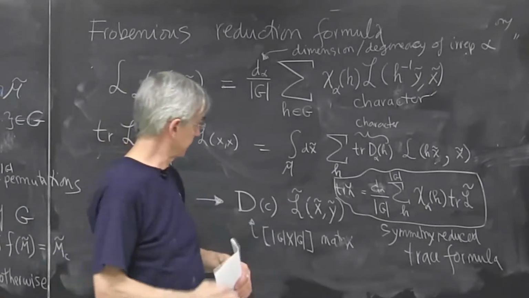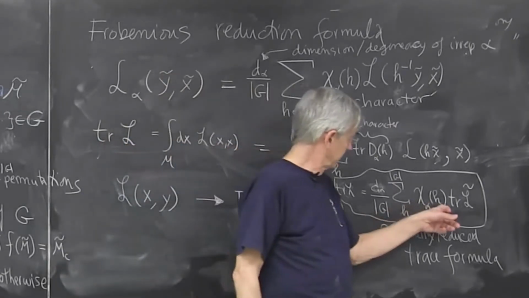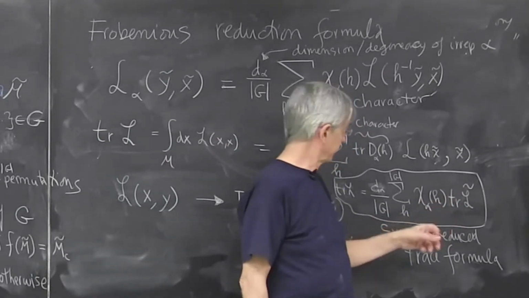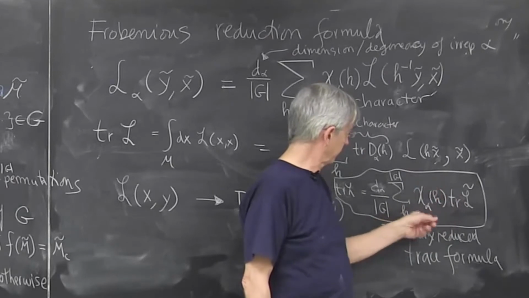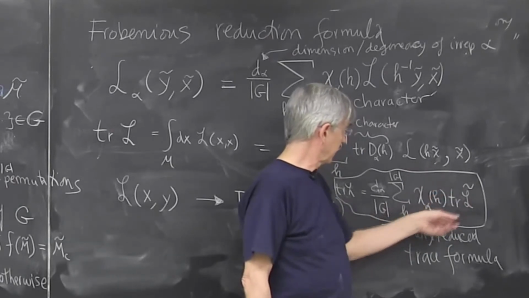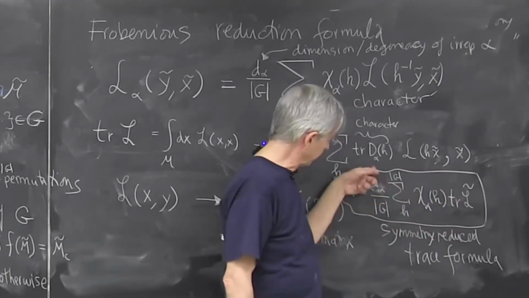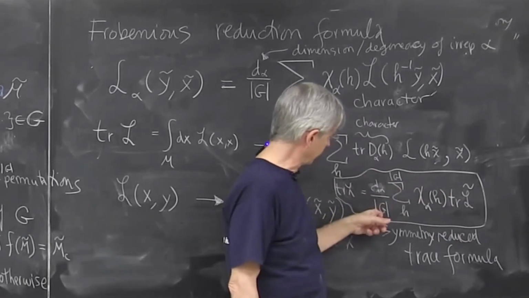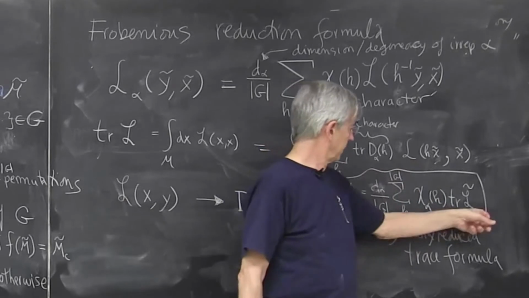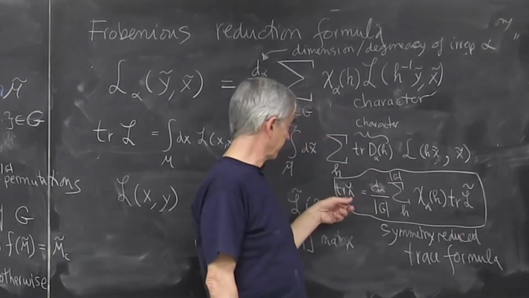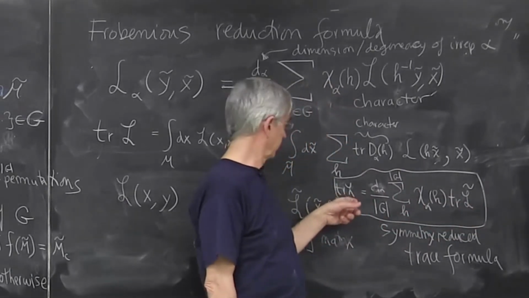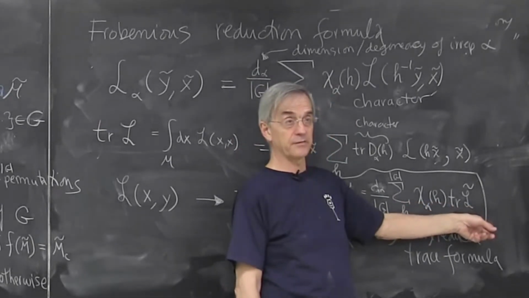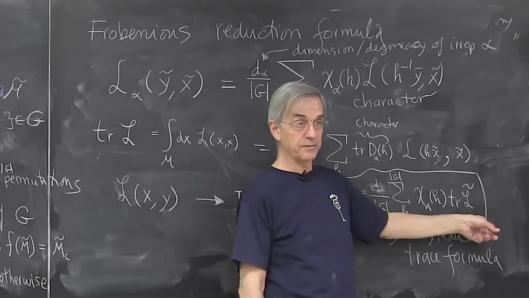That one happens to have all characters equal to 1, and its dimension is 1, so this average just becomes 1. And for that representation, computation in the full space or in the fundamental domain gives you the same trace formula, and therefore the same spectrum.